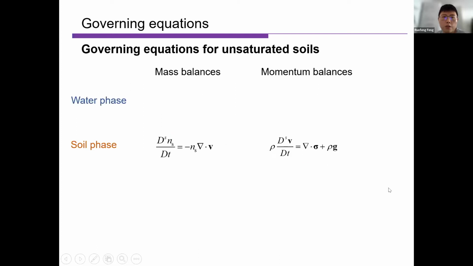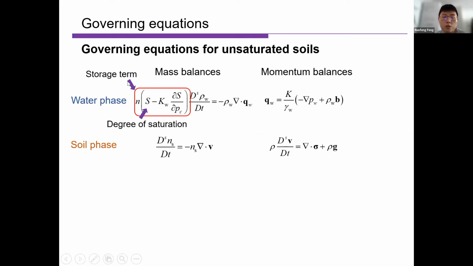And for the water phase, we will have this equation, which is quite similar to the mass balance equation of fluid. But here we have an extra term, which is called a storage term, which is important for unsaturated soil. And here we have the seepage discharge rather than the fluid velocity.